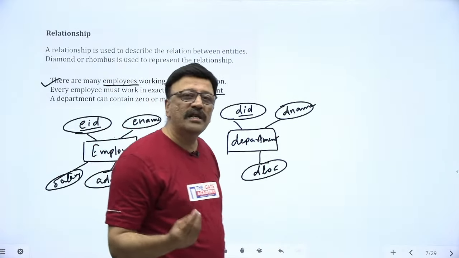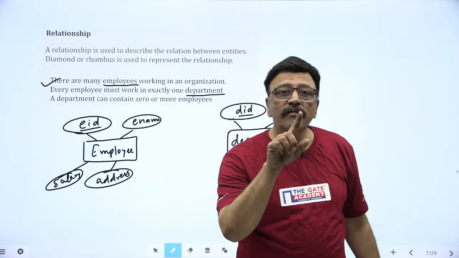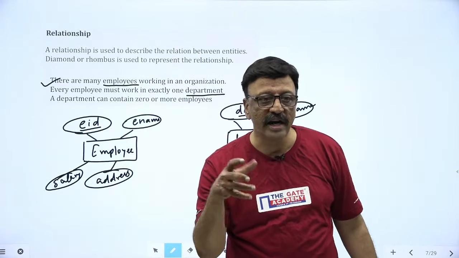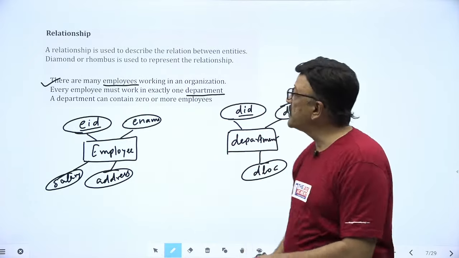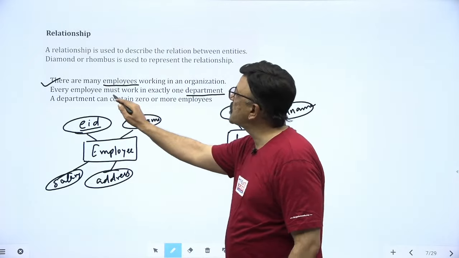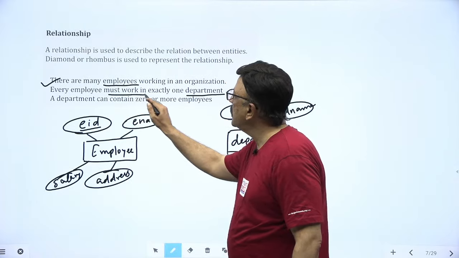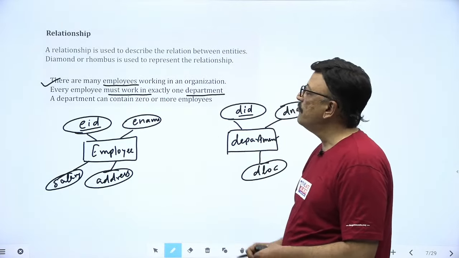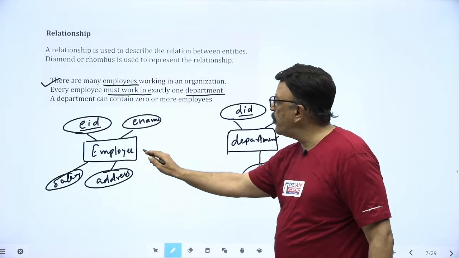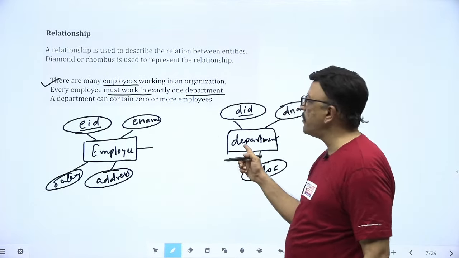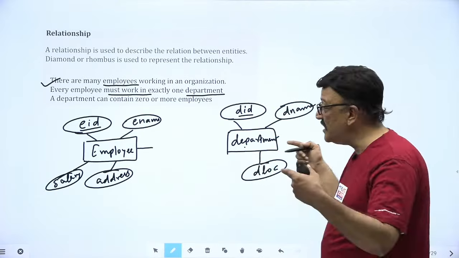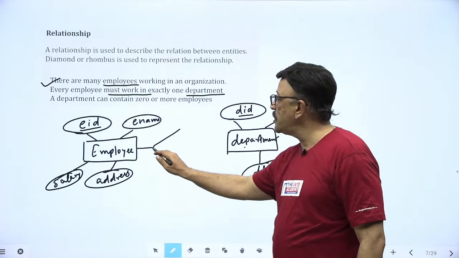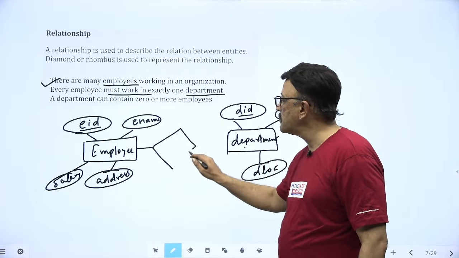Actually, relationships are nothing but verbs. V-E-R-B, verbs. A verb is nothing but an action. For example, employee must work. Must work. This is a relationship. We know now that, okay, employee actually works for department. See the relationship between the two entities. And the relationship is always shown in the form of a rhombus.